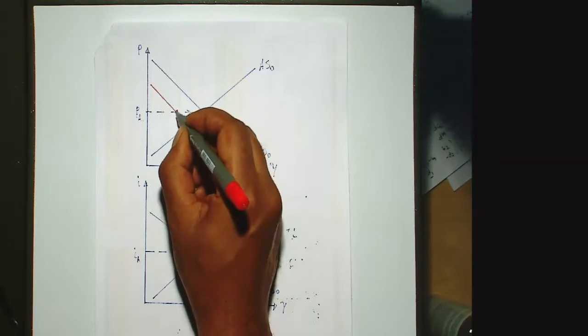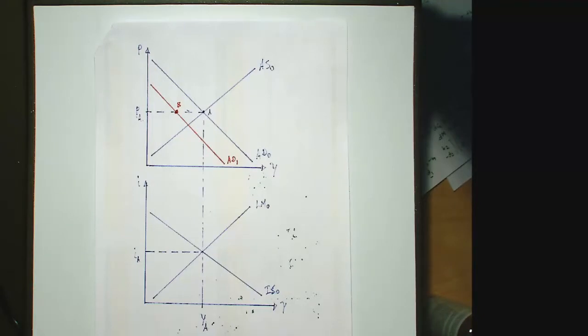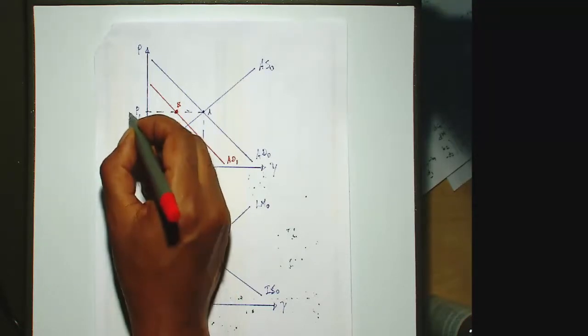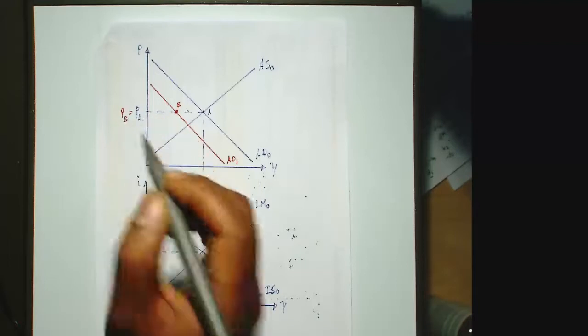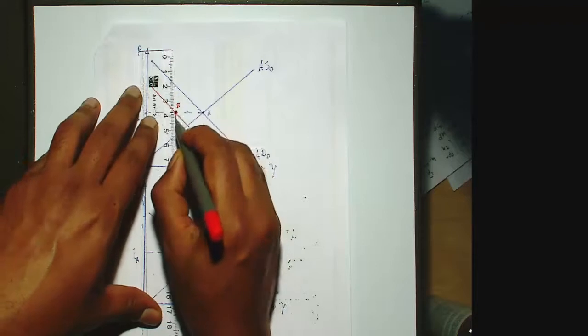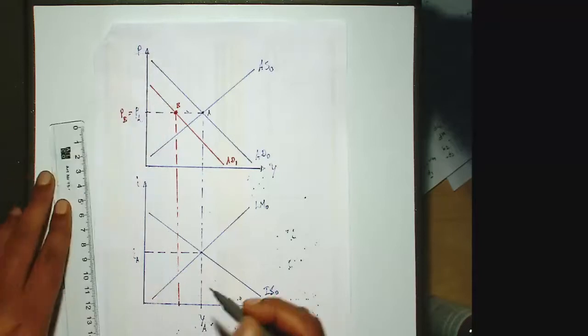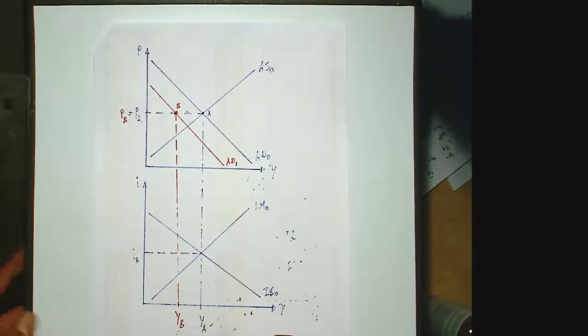And since prices are constant, we would reach a point in the graph where the price would be indicated as PB, and our income level would be YB.